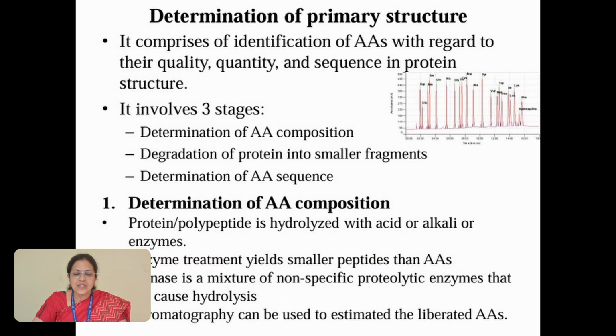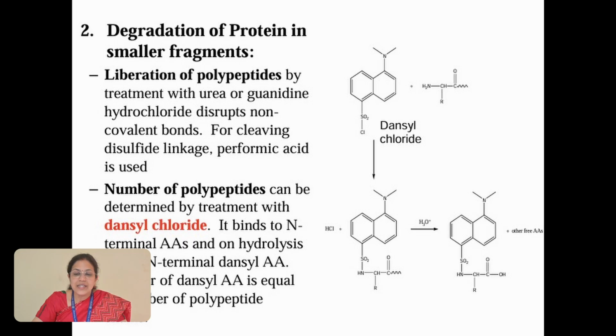So coming to the determination of amino acid composition. The composition of amino acids in the linear arrangement of a protein can be identified by treating the polypeptide with acids or alkali, or enzymes. If you add enzymes to this polypeptide, you break down the protein into smaller fragments, which are called peptides. Now these small peptide fragments can be identified by a chemical reagent called dansyl chloride.